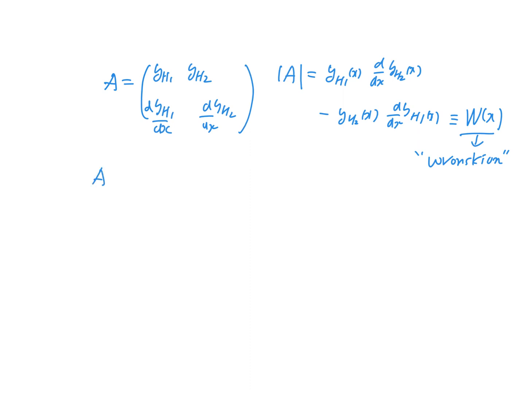Then A inverse is 1 over Wronskian times dx dy h2 minus yh2 minus dx dy h1, yh1.